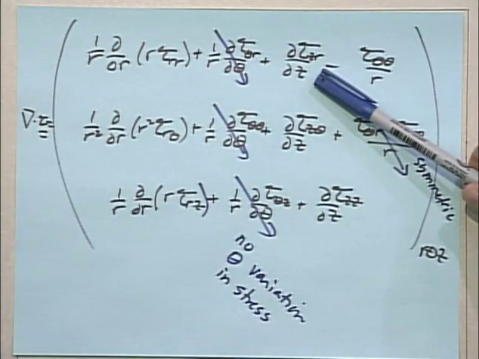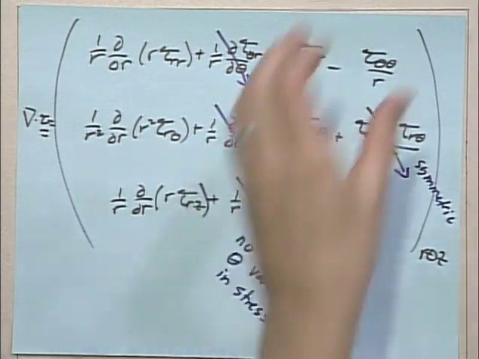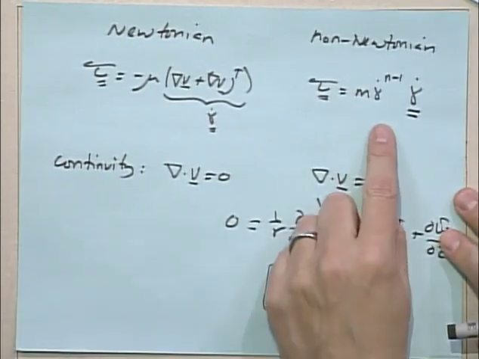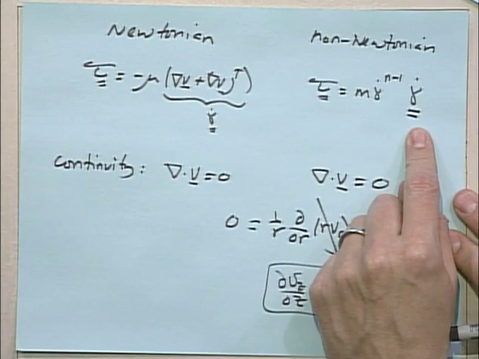Where can I figure out what tau is? Constitutive equation. Right, from the constitutive equation. We started way back here at the beginning with the constitutive equation. This gamma dot is del V plus del V transpose.